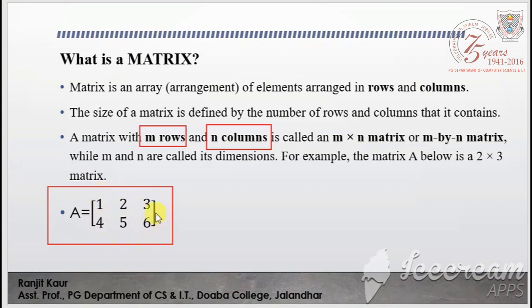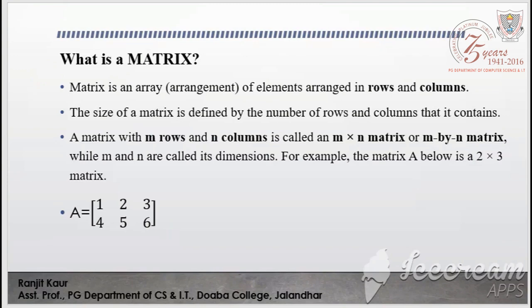So these are the elements of matrix A. How many rows are there in this matrix? 1, 2. That means 2 rows. And how many columns are there? 1, 2, 3. That means 3 columns. So you can see over here we have written 2 by 3. That means 2 rows and 3 columns.